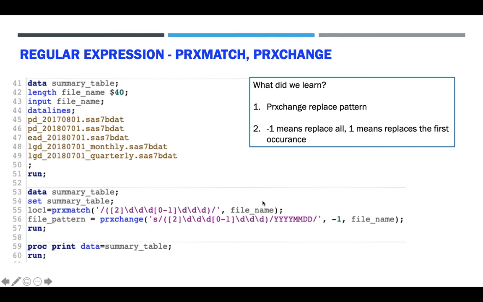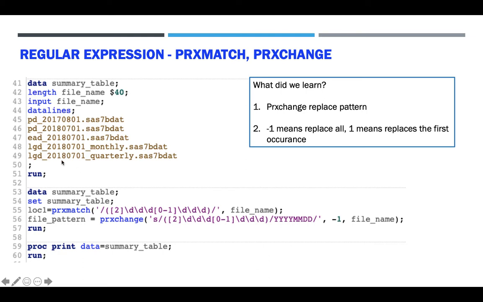Once you identify the pattern, you can change it to YYYYMMDD. So in this case, the second part will replace 2017 0801 with YYYYMMDD. Same thing with the second line; this also gets changed to YYYYMMDD.